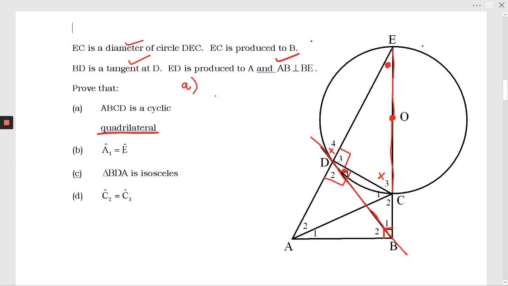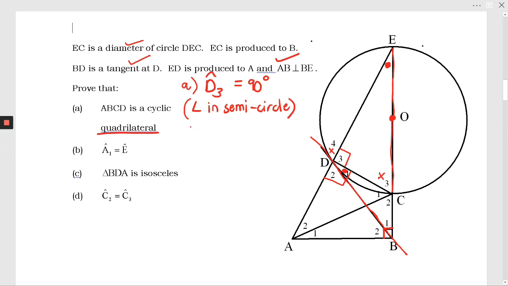I need to start from the beginning to get the D1 and D2 being 90, and that was because D3 equaled 90. So let's start with D3 and lay it all out in a logical sequence. D3 equaled 90 degrees, and that was because of angles in a semicircle.